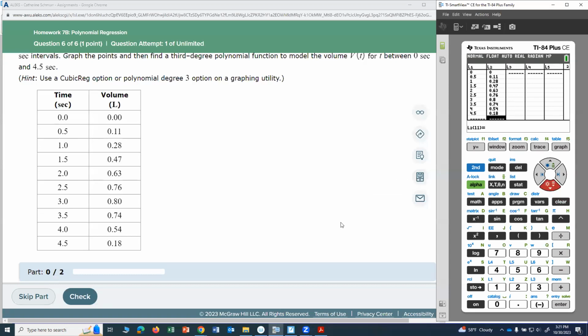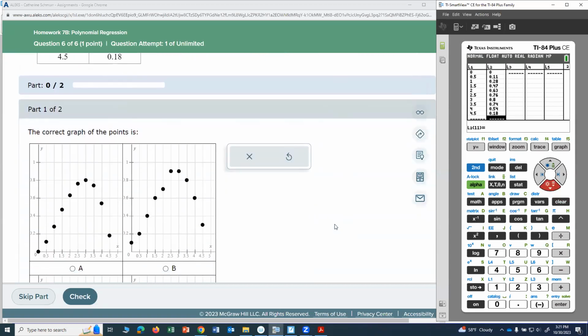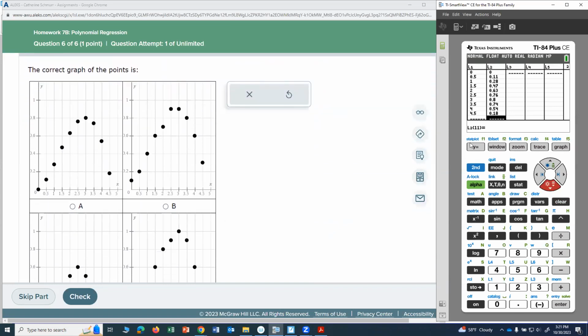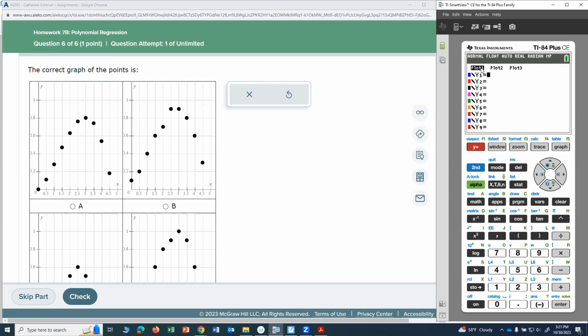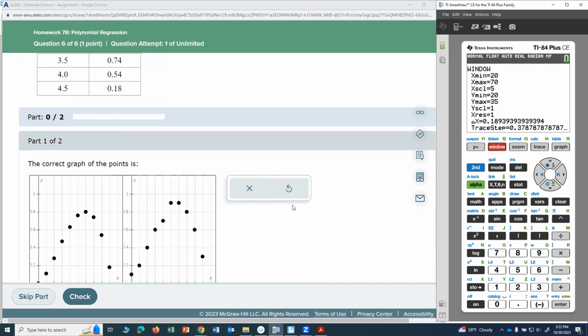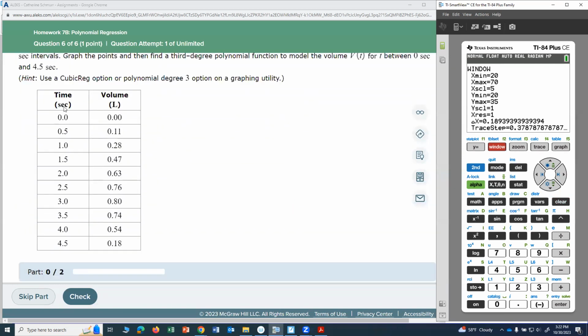All right, now first thing we want is the scatter plot. So I'm going to go to the y equals, make sure plot 1 is on. For my window, I want the x minimum and x maximum to encompass all these x values. So if I do a minimum of 0 and a maximum of 5, that will encompass all the values from 0 to 4.5.